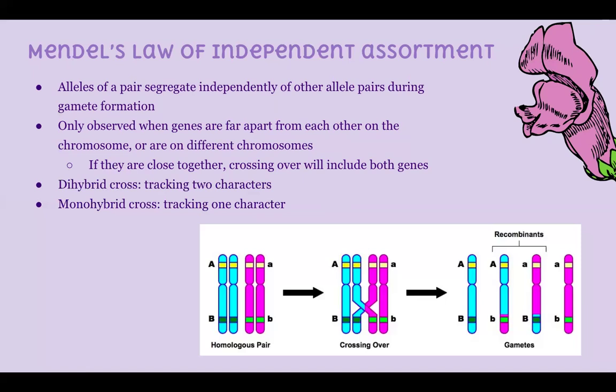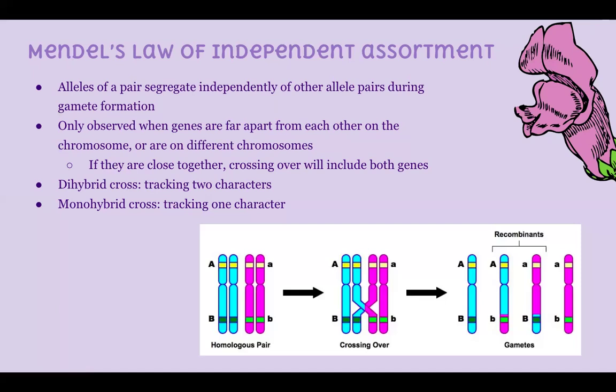of the possible combinations. So, for example, in humans, we might use a monohybrid cross, a Punnett square, to predict eye color. We would use a dihybrid cross if we wanted to predict eye color and hair color at the same time.